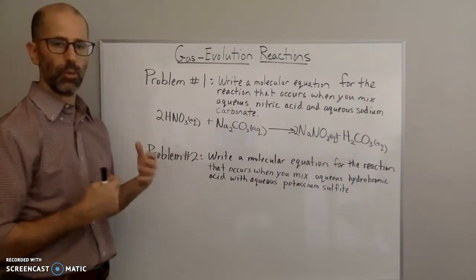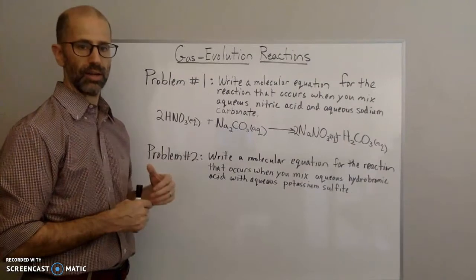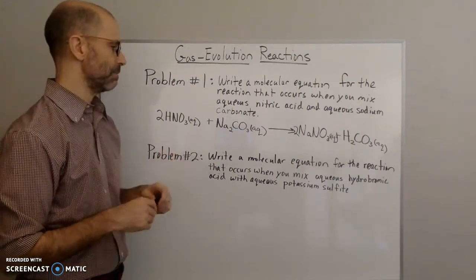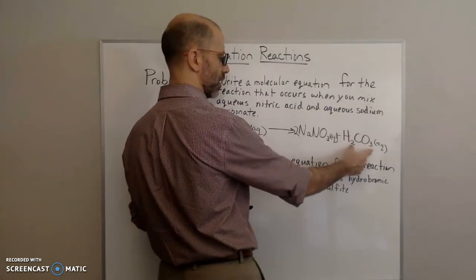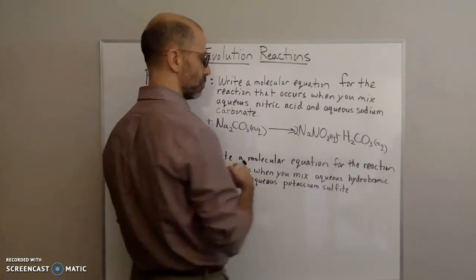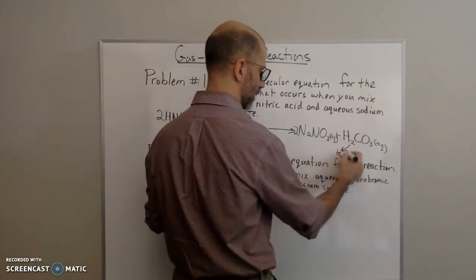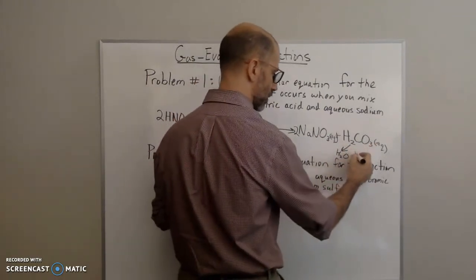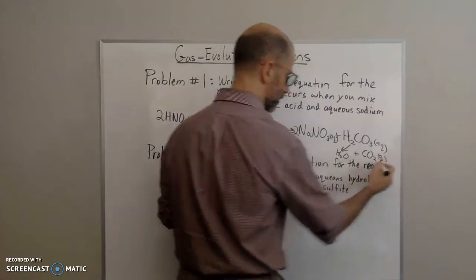This is where you need to recognize that you might have an intermediate that is going to break down into a gas. Here you have to recognize that carbonic acid is an intermediate. What that's going to break down into is water. So you subtract out the water, and then what's left is CO2. And there's your gas.